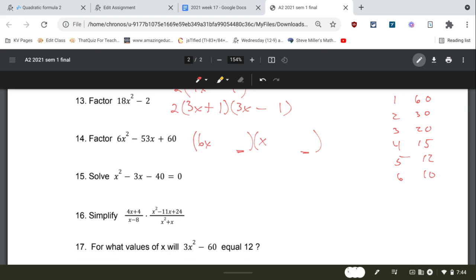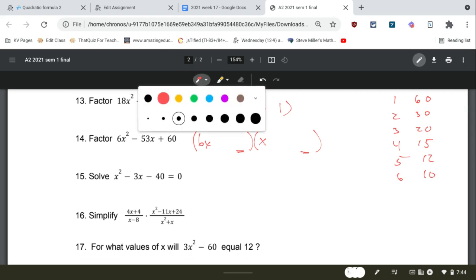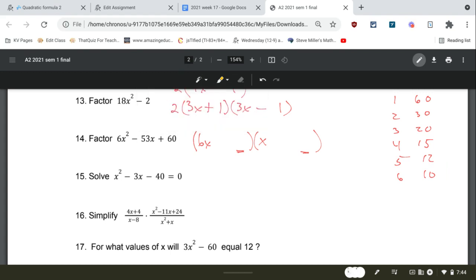Now, some of these are double even numbers, so I know I don't have to try the 6 and 10 or the 2 and the 30. Let me take a look at some of these. I'm trying to figure out which ones will give me 53 in the middle.